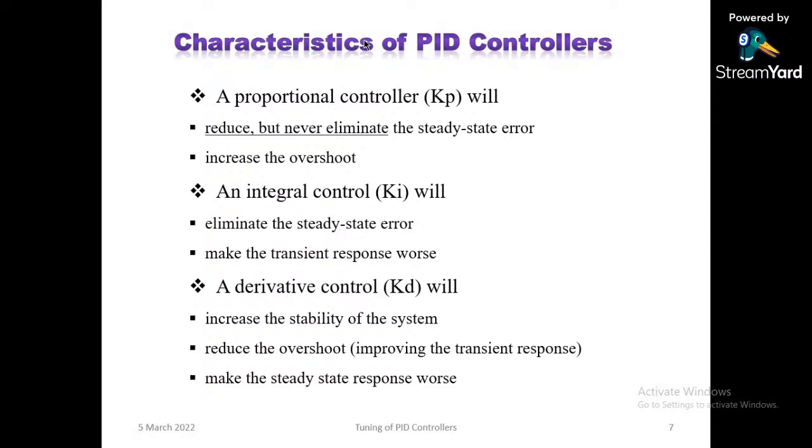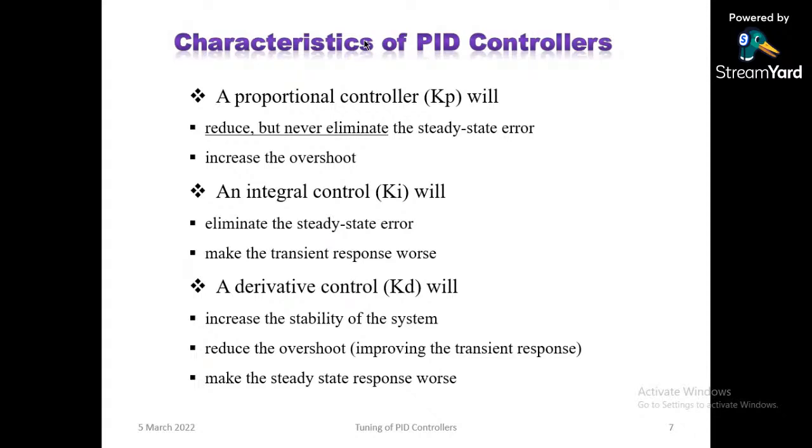If I introduce a proportional controller, it will reduce that steady state error maybe from 0.5 to 0.1, but it will never eliminate. Elimination means complete zero. Complete zero is not possible with the help of a proportional controller. There will be a certain amount of steady state error.